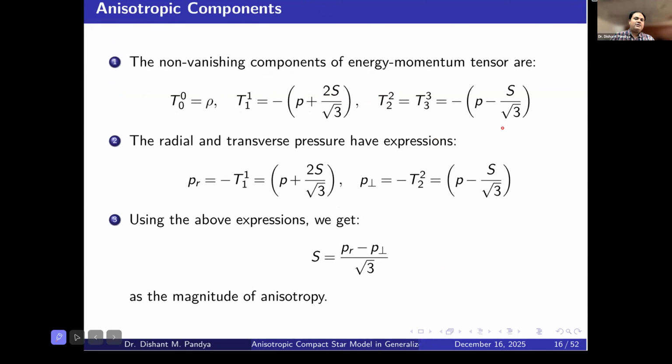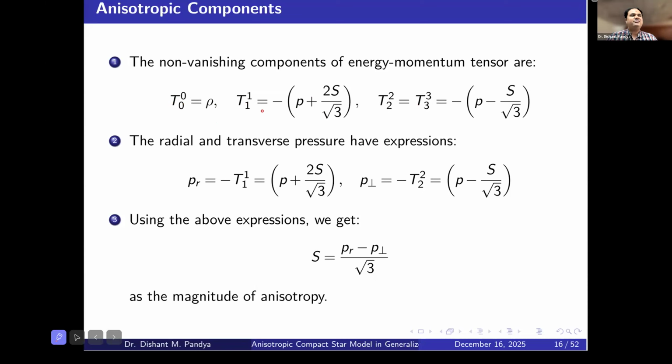Now, furthermore, they computed each and every component involved in the energy momentum tensor. Obviously, these are the pivotal elements: T00, T11, T22, T33. They solved these equations and came to the conclusion that these are the primary components of the energy momentum tensor.